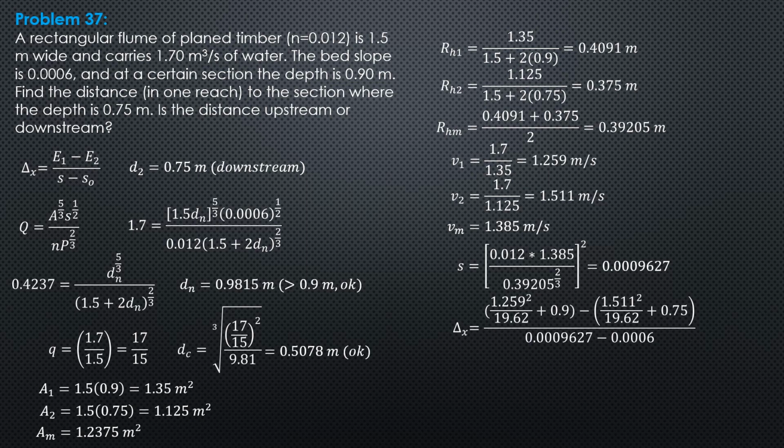If the result is positive, our assumption that section 2, where the depth is 0.75, is downstream, is correct. But if the result is negative, it is the other way: the downstream section is the one with depth 0.9 and the upstream section is the one with depth 0.75. Because the result is positive, 15.5 meters, the assumption that the depth of 0.75 meter is at the downstream end is correct. So that's it.